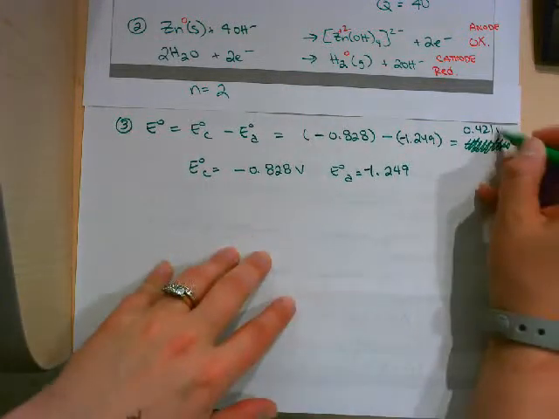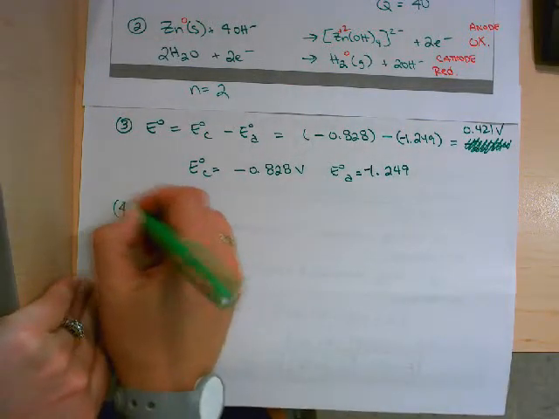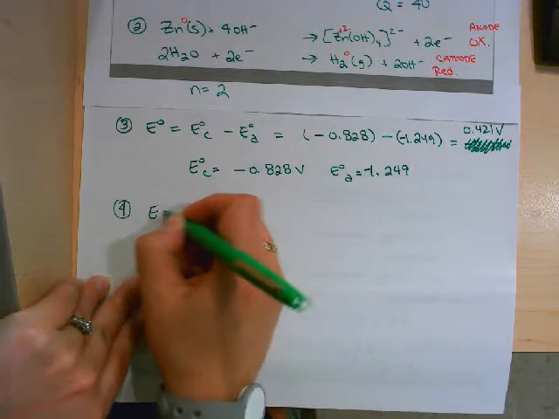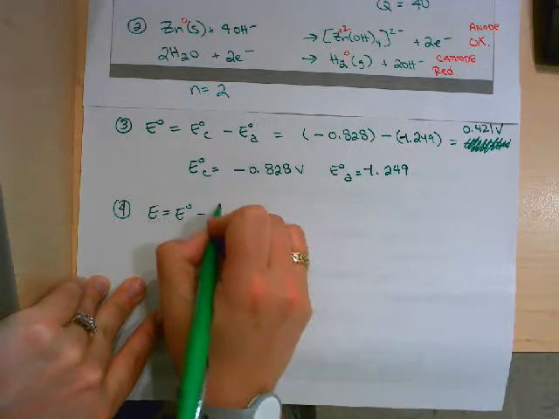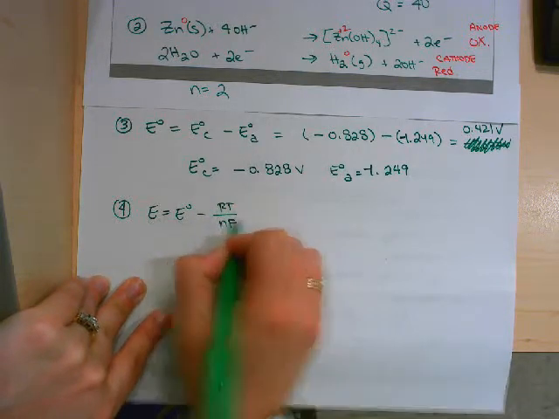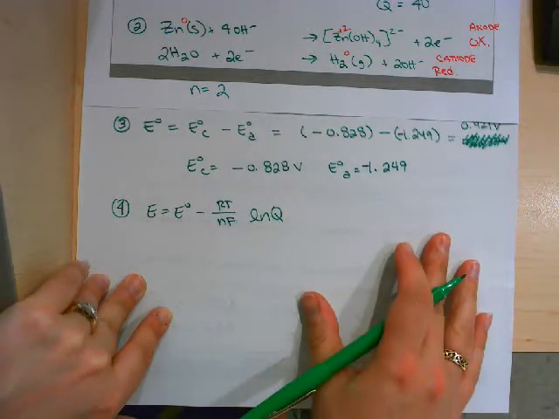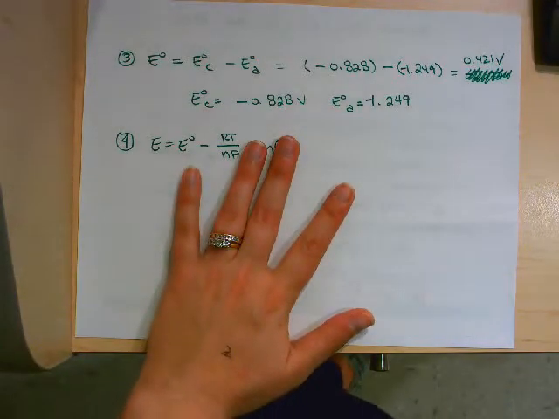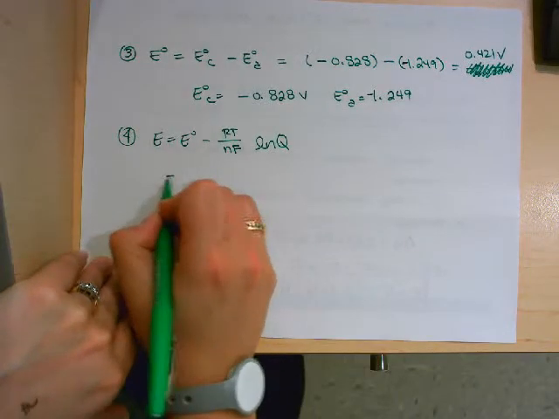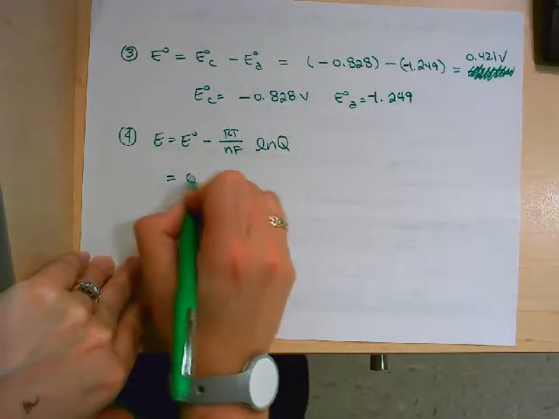Alright. Now we're ready for the final concluding thought, right? I want to find E. Alright, so we just found E0.